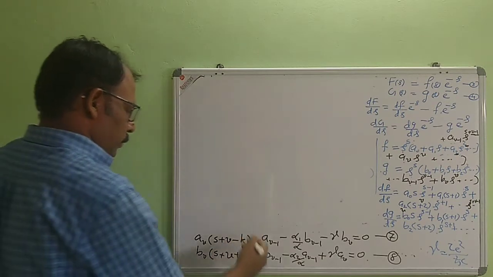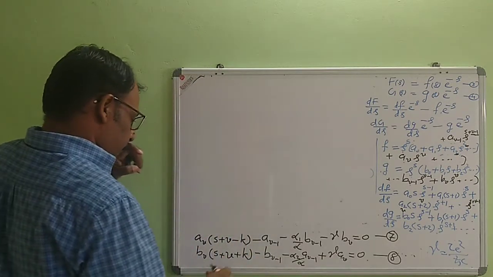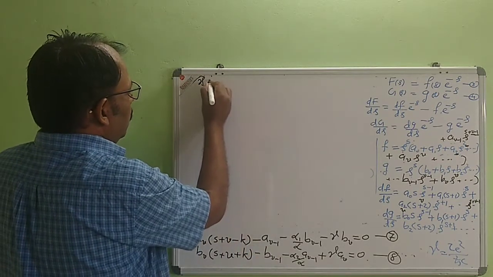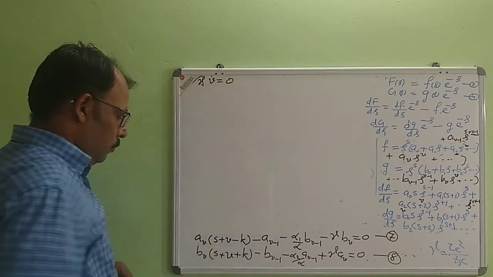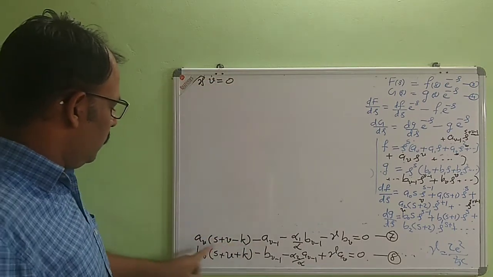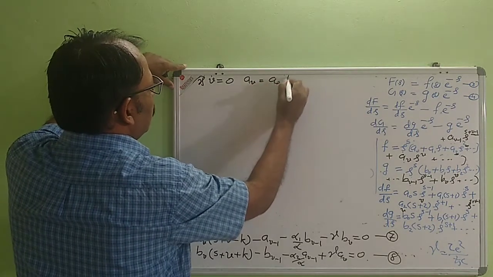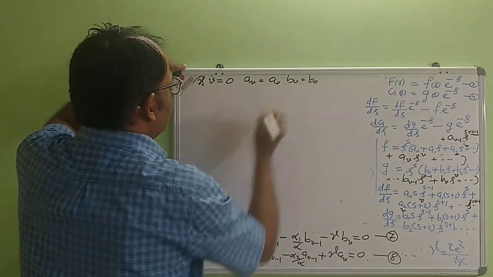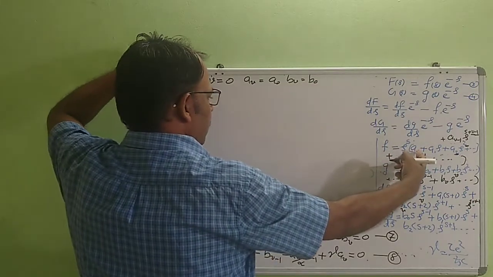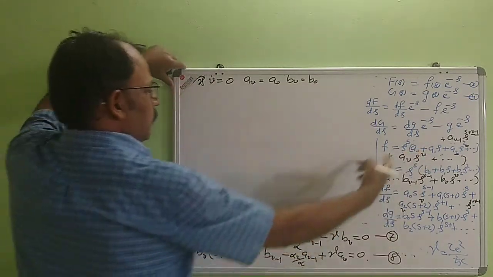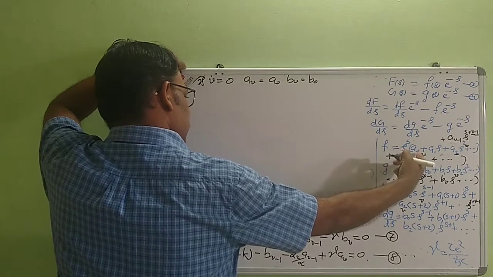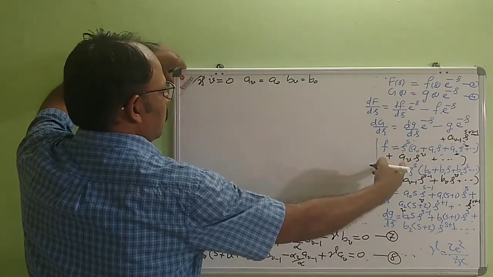Now from these two equations, if I take v equal to 0, that means A v we can write as A0, B v we can write as B0. The first coefficient is A0, so the v minus 1 term is not present there.